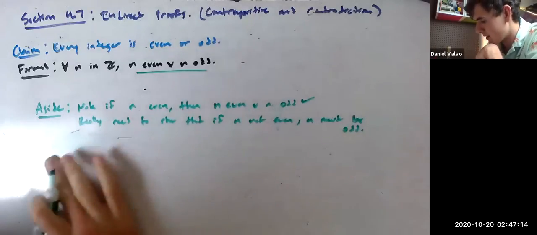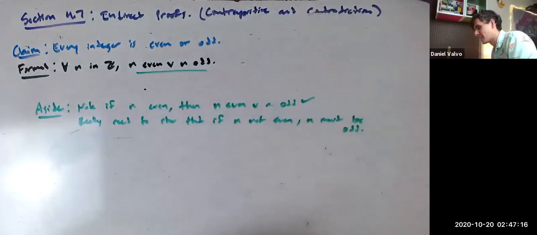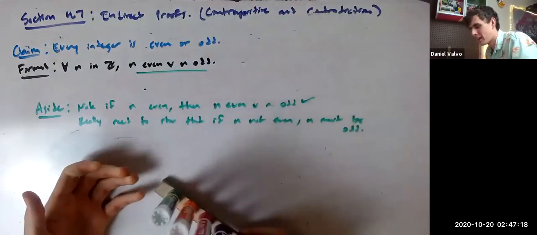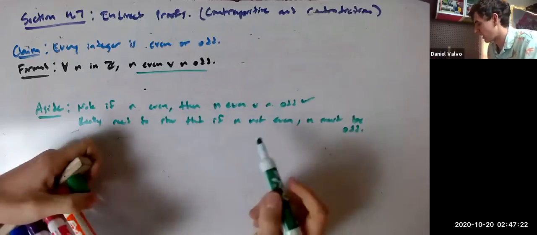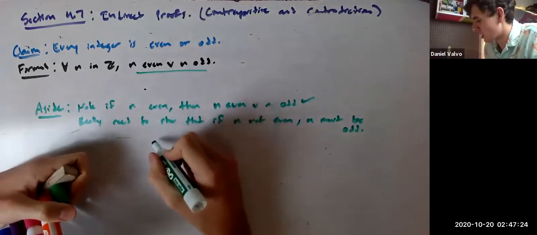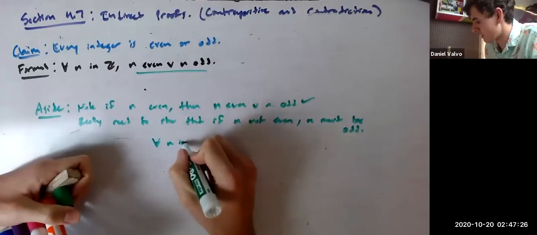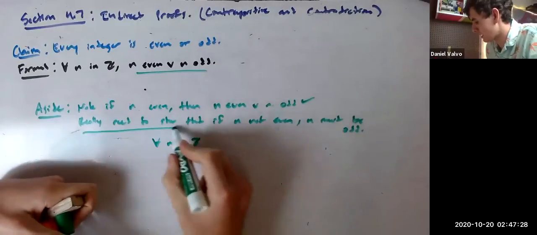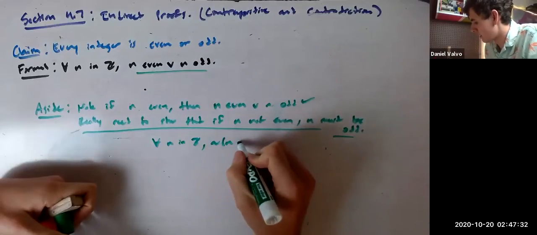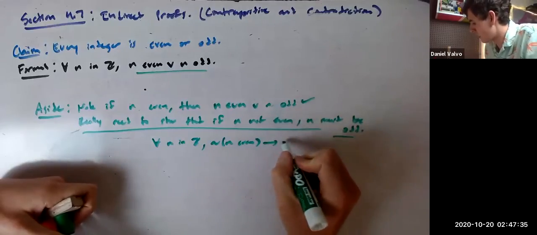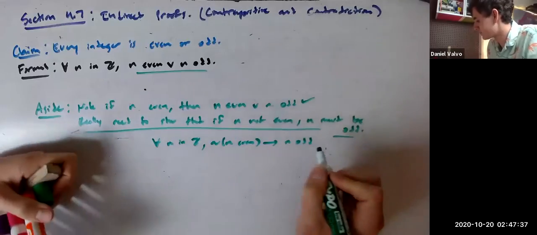Now, first of all, you might be asking yourself, okay, wait a minute. I'm trying to show here that if n's not even, it must be odd. So I'm trying to show that for all n in Z, not n even implies n is odd.